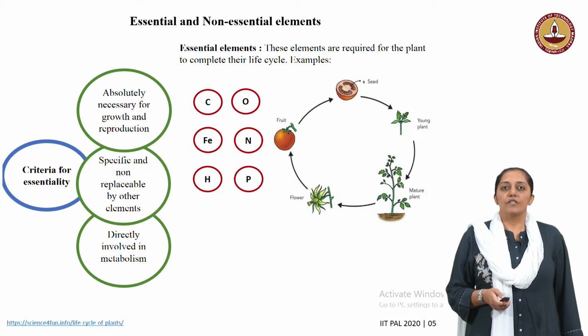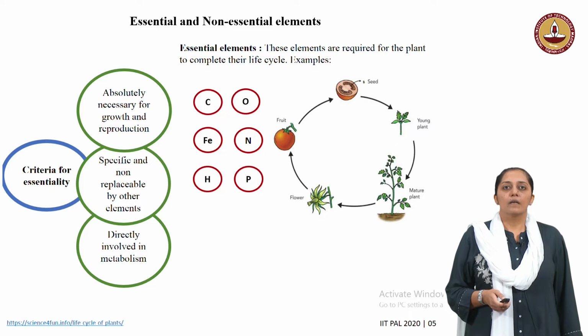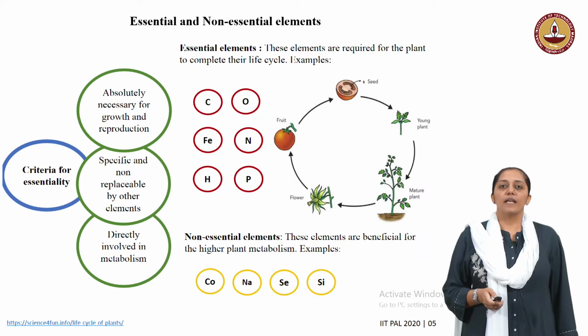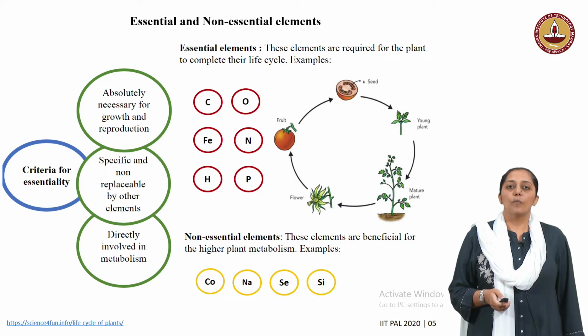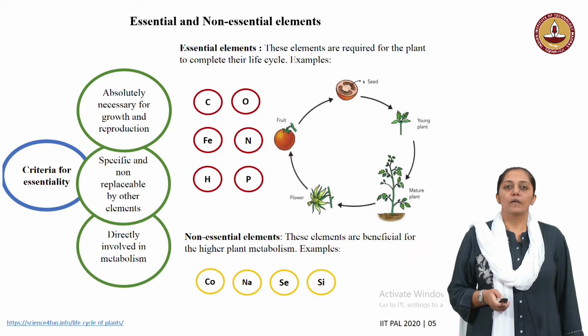Some of the essential elements are circled in red here, like carbon, oxygen, iron, nitrogen, hydrogen, and phosphorus. While the non-essential elements are beneficial for higher plant metabolism, for example, cobalt, sodium, selenium, and silicon.